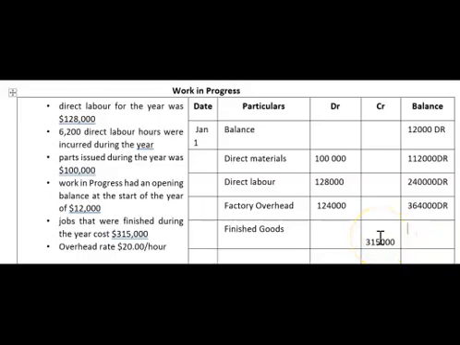So minus it out, and how much is still in progress, that's the amount we will get. So 49,000 is still in progress and it's still a debit balance. So this is how we prepare work in progress account.